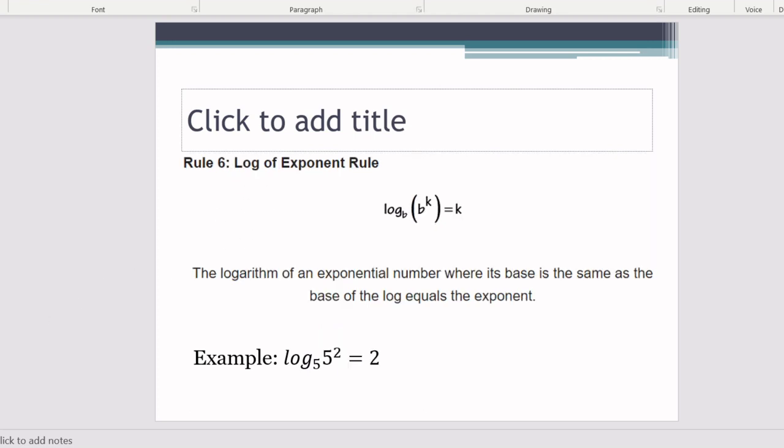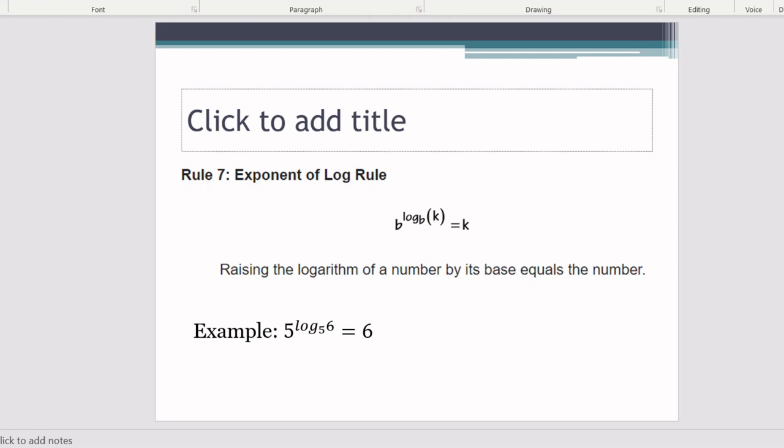For the logarithm of an exponent rule, log base 5 of 5 squared is equivalent to 2, once again because log base 5 of 5 is equal to 1. If you bring down 2, according to the power rule, that's 2 log base 5 of 5. Then log base 5 of 5 is just equivalent to 1, so that is equivalent to 2.